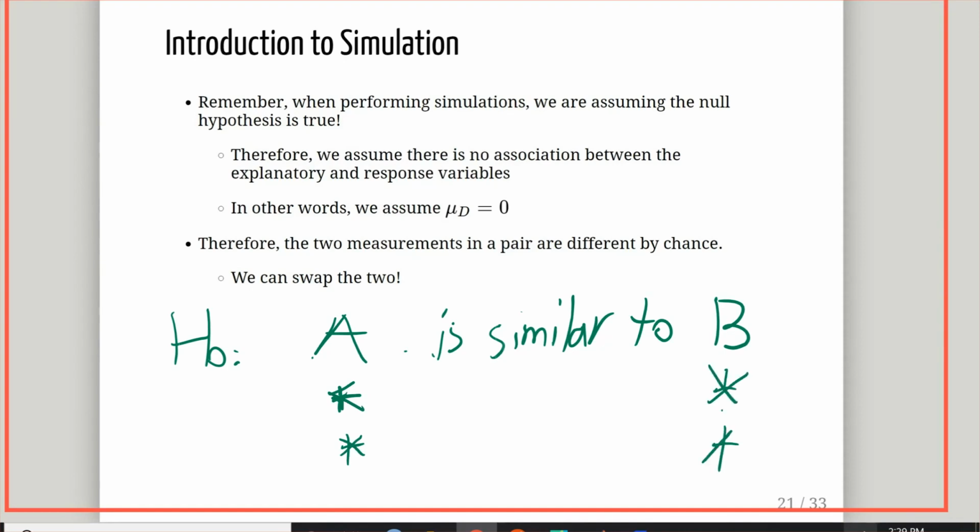So I'm saying that each star is a measurement for this example.